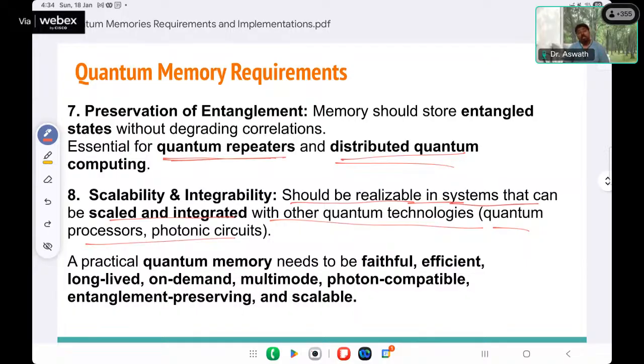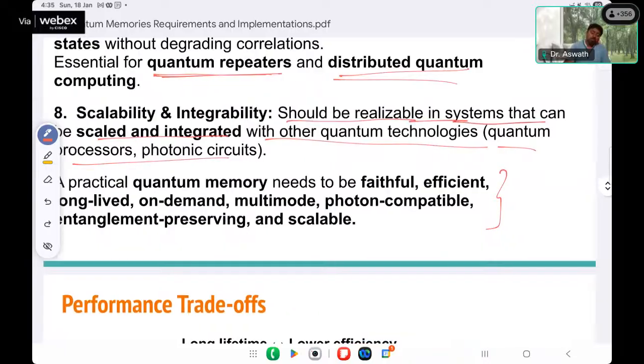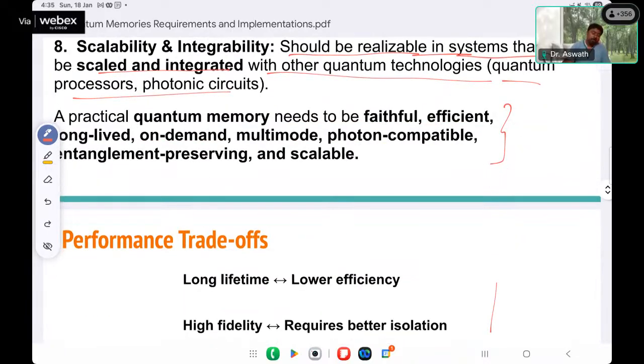So there should be interconnectivity and coordination between them. In a way, a practical quantum memory needs to be faithful, efficient, long-lived, on-demand, multi-mode, photon compatible, entanglement preserving, and scalable. This is a final summary of all the requirements that need to be satisfied when it comes to quantum memory.